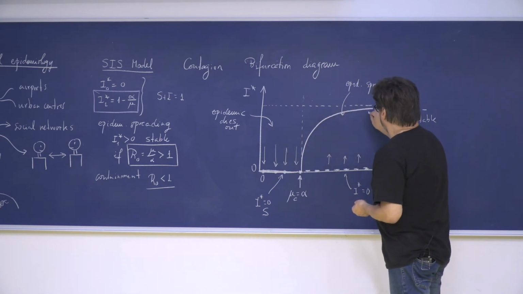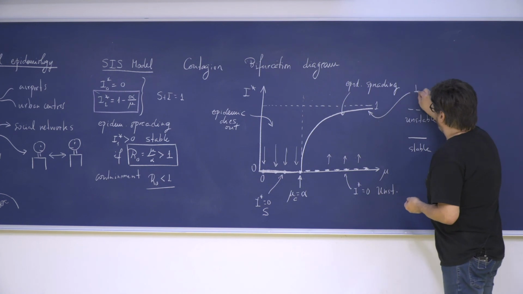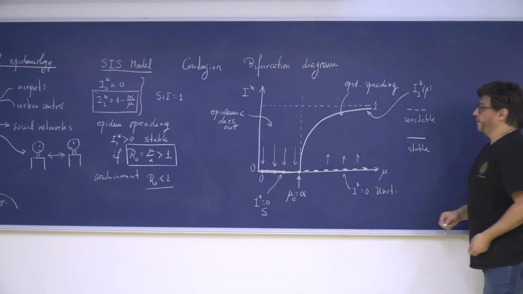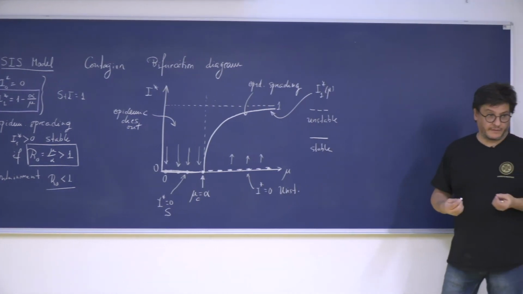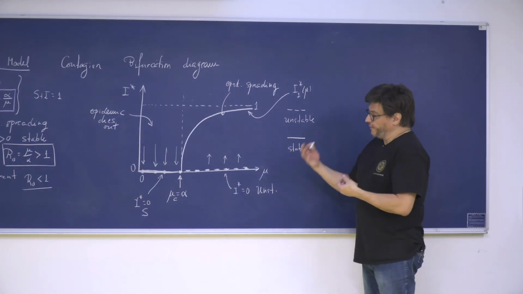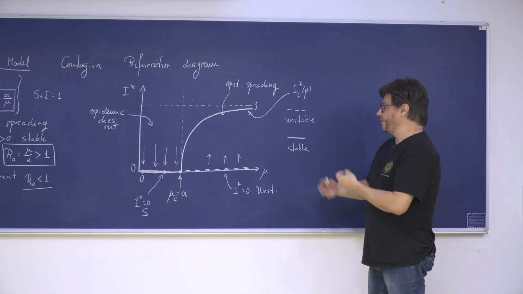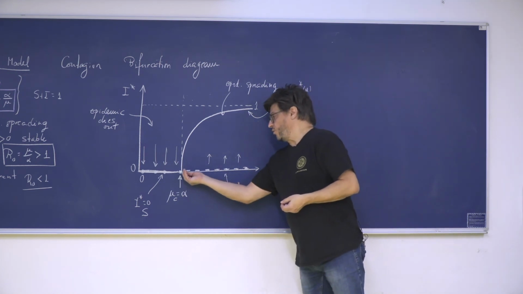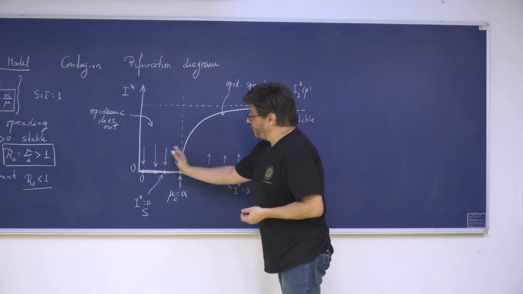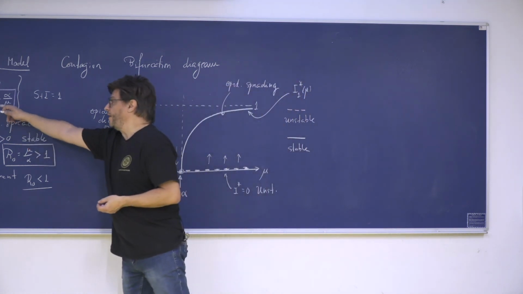All right? This here is the amount of people infected, for a given alpha. It is a very general thing when I cross this threshold here. Clearly, below this threshold, this doesn't exist. It would be negative.